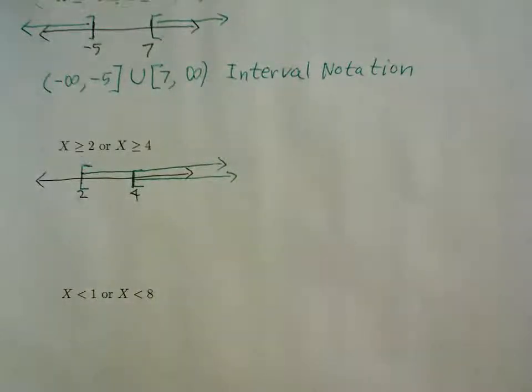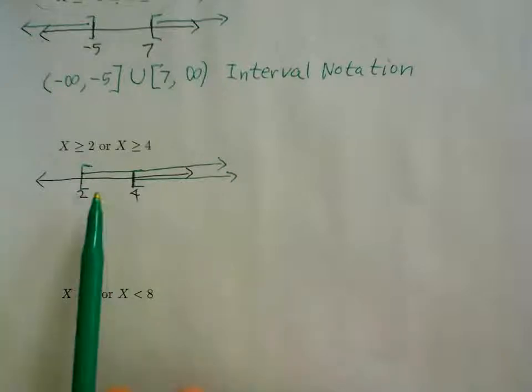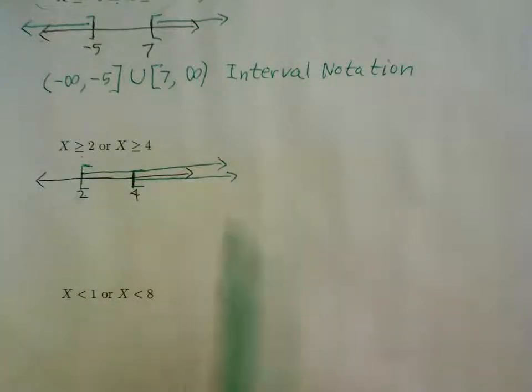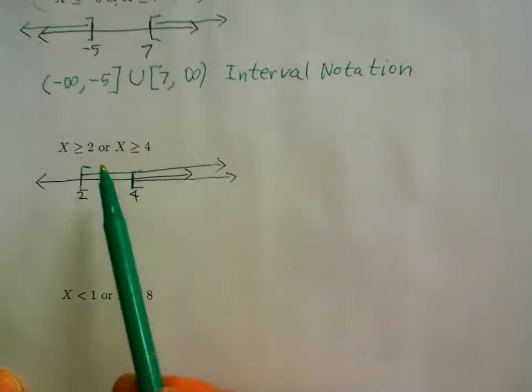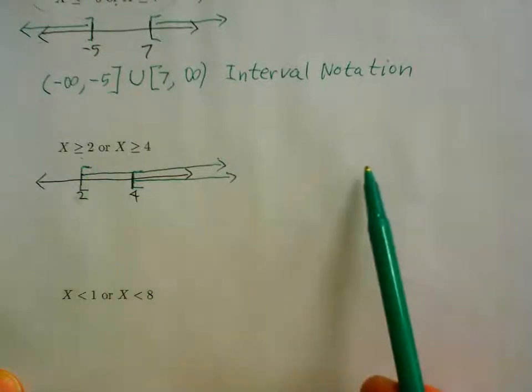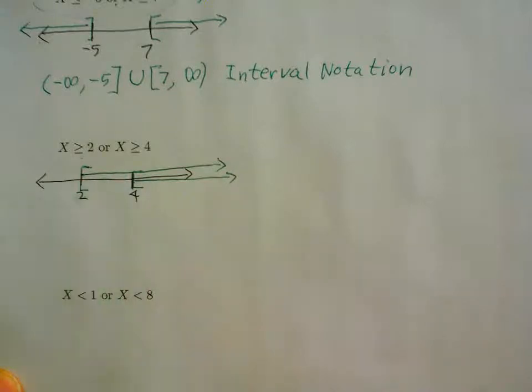Well, the union is all of the numbers that are in one set or the other. So it's from 2 to infinity. That's the union. As long as a number is in one of the two sets, then the number is in the union.